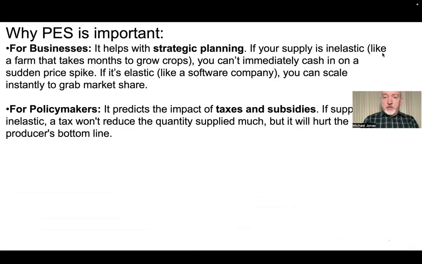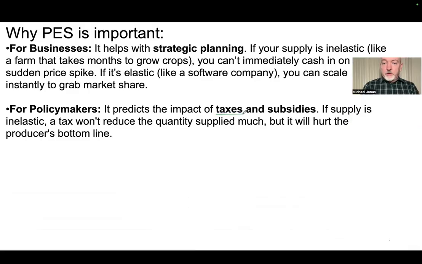From the policymakers' standpoint, this is something that we'll dig into soon enough. But thinking about strategically placing taxes and subsidies on the production of different products, you need to know what the elasticity of supply and demand is for that product to be able to predict how the effect is going to play out. So if you put a tax on the product with a highly inelastic supply, the change in quantity is going to be relatively small.